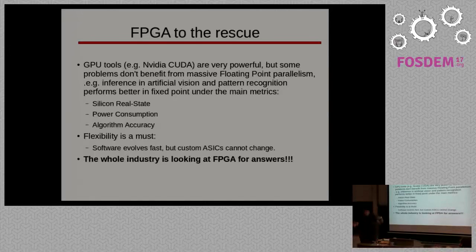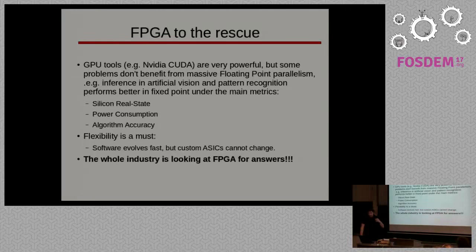Most of these very computationally intensive tasks are right now taken by GPU tools. For example, the NVIDIA CUDA is very well known, so that you can program at a very high level, and they provide a lot of floating point parallelism, a very powerful one.